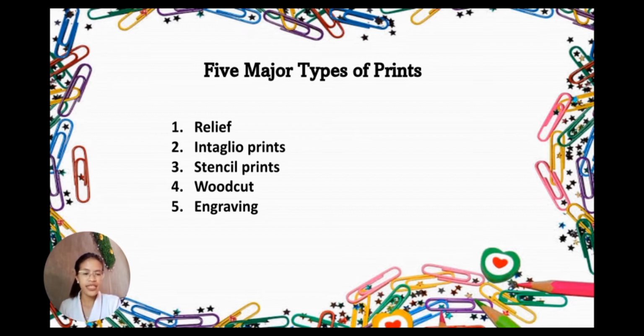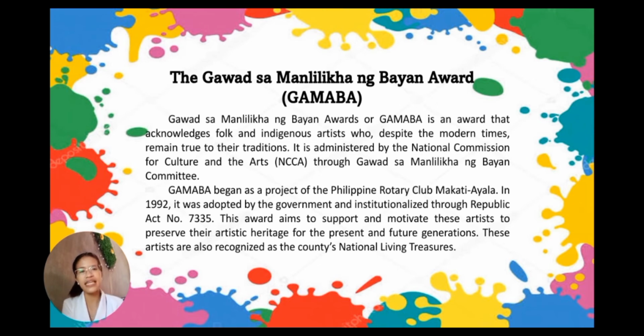The variations in depth create the swelling, tapering character of the engraved line. So after the engraving is finished, the slight burr raised by the graver is cleaned off with a scraper. Then we have the Gawad sa Manlilikha ng Bayan Award or GAMABA.